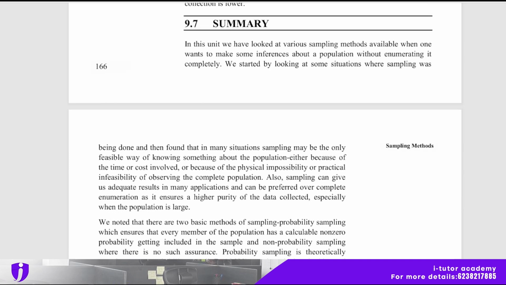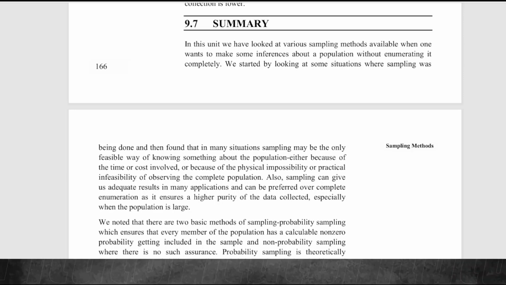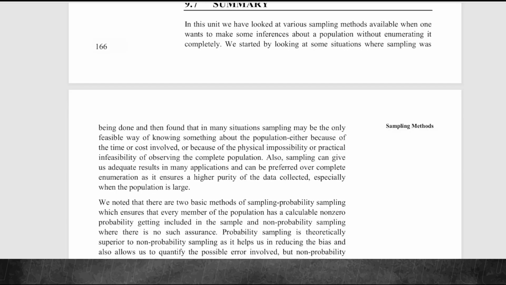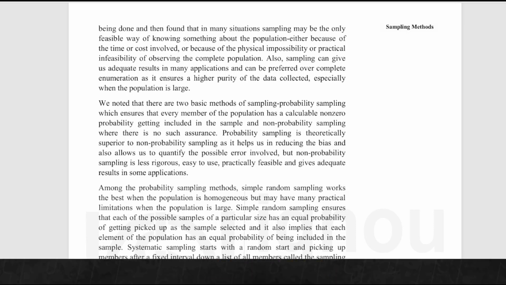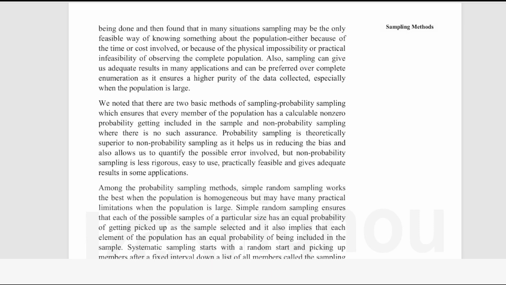In this unit, we have looked at various sampling methods available when one wants to make some inference about a population without enumerating it completely. We started by looking at some situations where sampling was being done, and then found that in many situations sampling may be the only feasible way of knowing something about the population, either because of the time or cost involved, or because of the physical impossibility or practical infeasibility of observing the complete population.